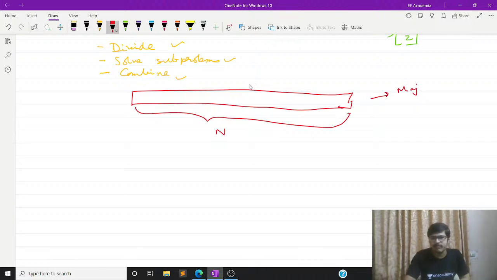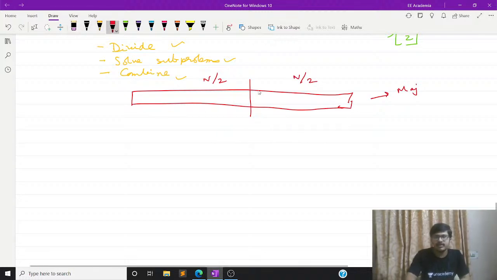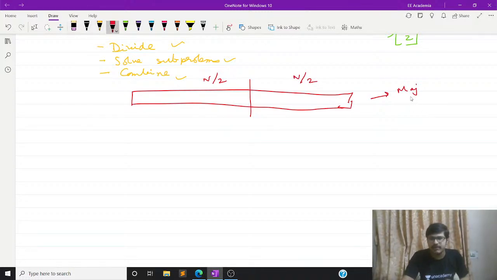the observation is that if you divide this array into 2 halves containing n by 2 elements each, maybe I should write n by 2 floor and the rest of the elements in the right half, then if there is a majority element in this array of size n, that majority element is going to be the majority element either in the left half or in the right half.